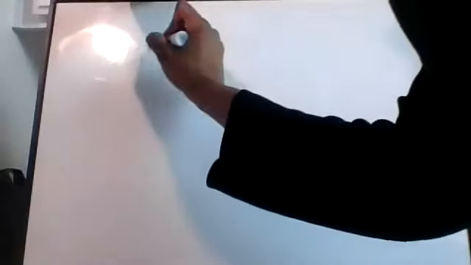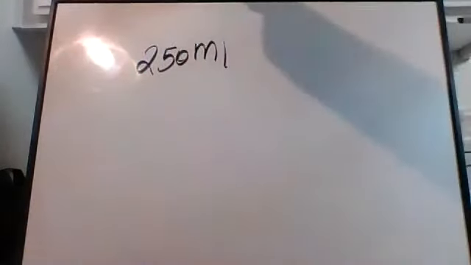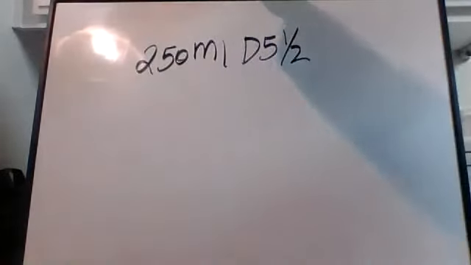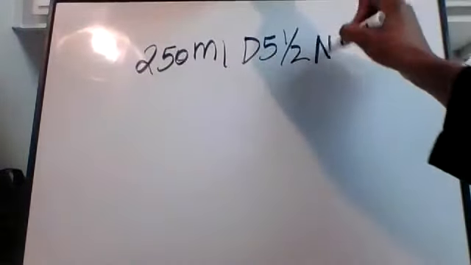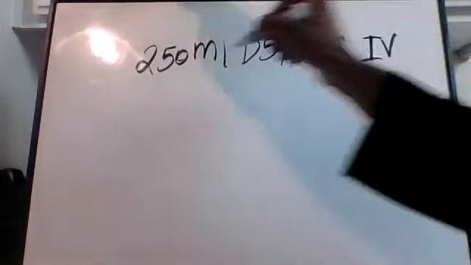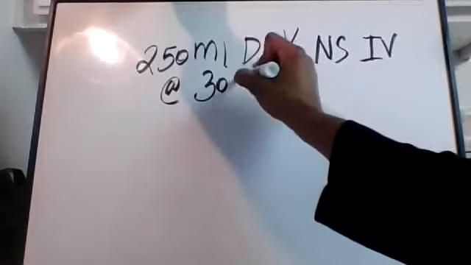Okay, so now let's do another one, the milliliters divided by hours. Let's do that one. Some people are still a little confused on that one. So let's say we get 250 milliliters of D5 half normal saline IV at 30 milliliters per hour.